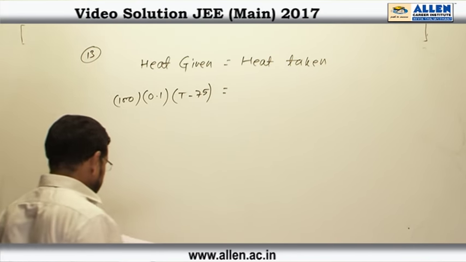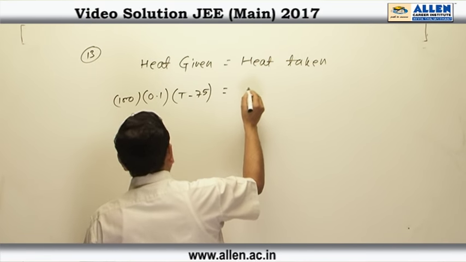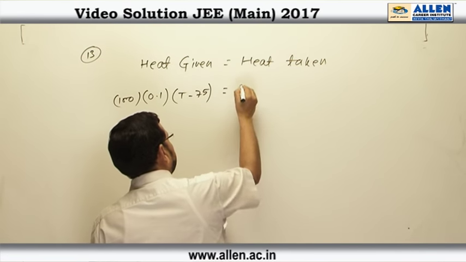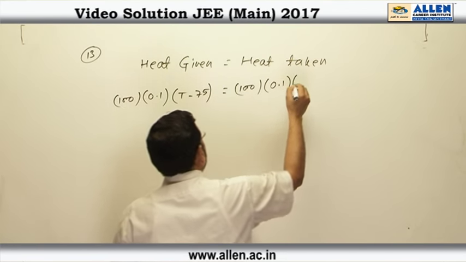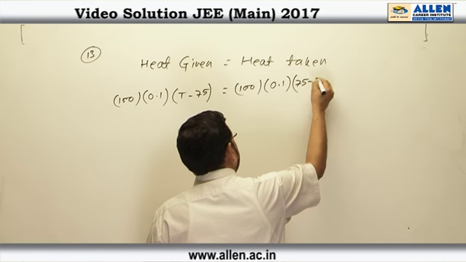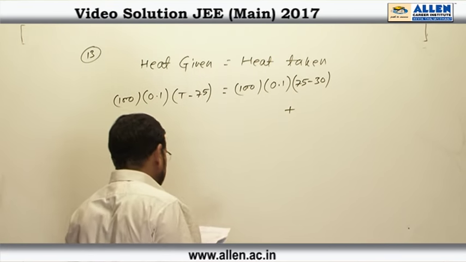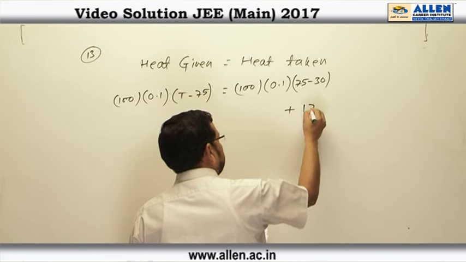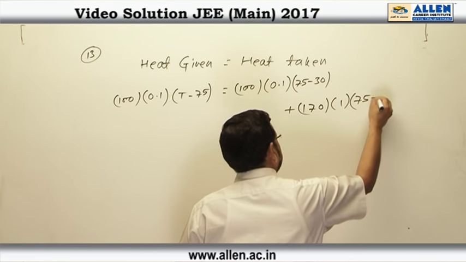Heat taken will be by the calorimeter, that is, the mass of the calorimeter is 100 gram. So, 100 into 0.1 into 75 minus 30, plus the water which was there in the calorimeter, it has mass 170 gram. So, this is equal to 170 into 1 into 75 minus 30.